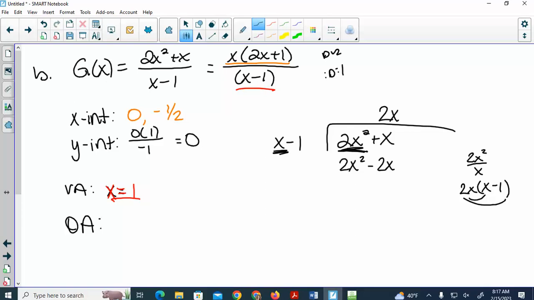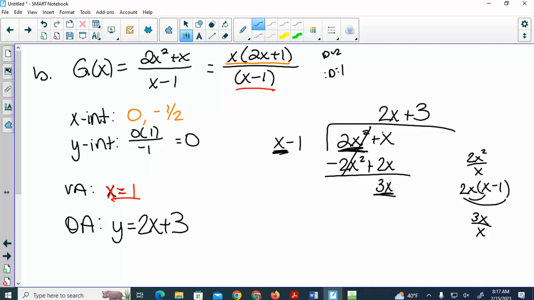Then what do we do? Change our signs. Cancel. 1x plus 2x is 3x. Then final step, we're back to dividing. So 3x divided by x is 3. So the oblique is y equals 2x plus 3. You don't have to finish the long division. You're just trying to get the equation of a line.